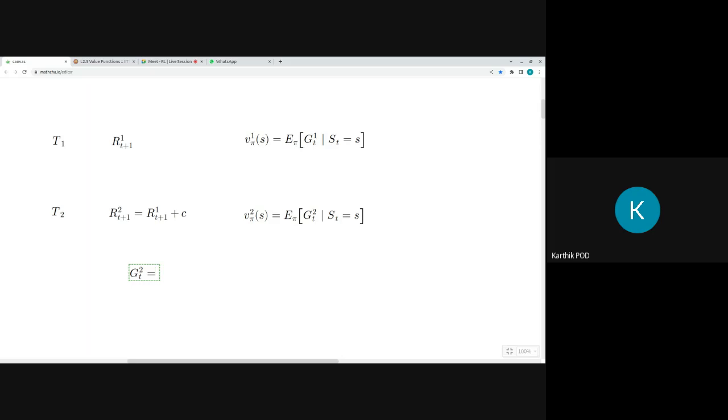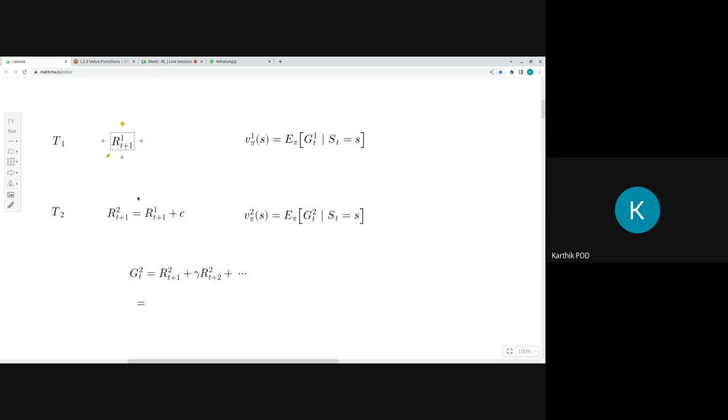So what is G_t2? G_t2 is R_{t+1} in world 2, plus gamma times R_{t+2}, again in the second world, plus dot dot dot. Now if you think about this, we know this.